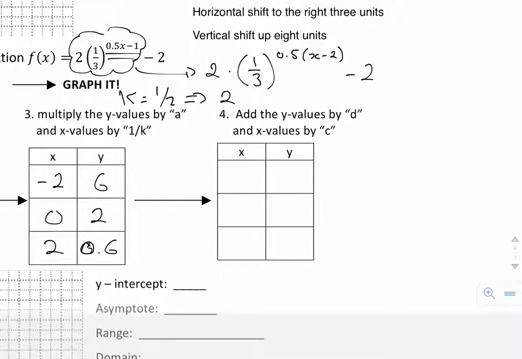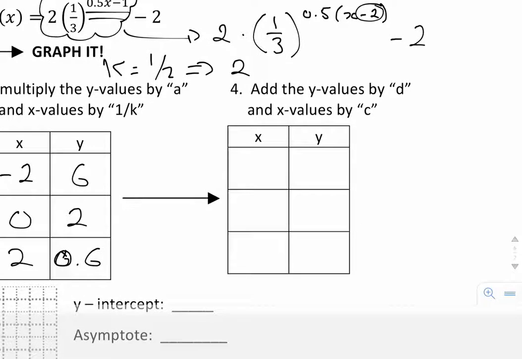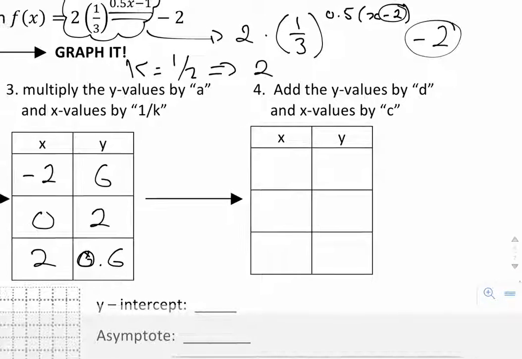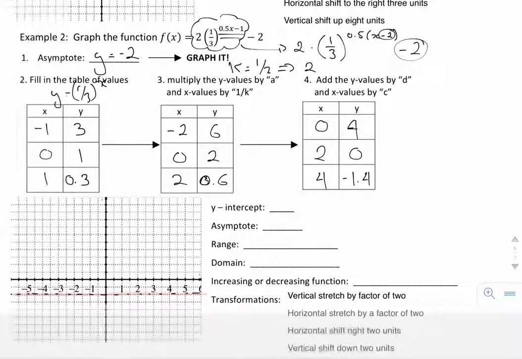Finally, to my x values, I'm going to add 2 because it's the opposite of the -2 here, and I'm going to subtract 2 from the y's. So I end up with 0, 2, and 4, and 4, 0, and -1.4 roughly.